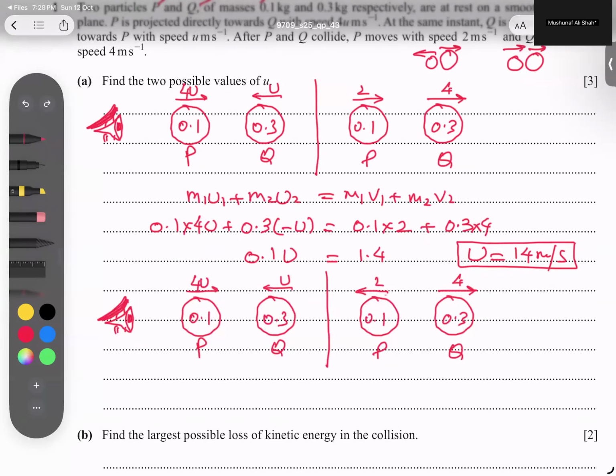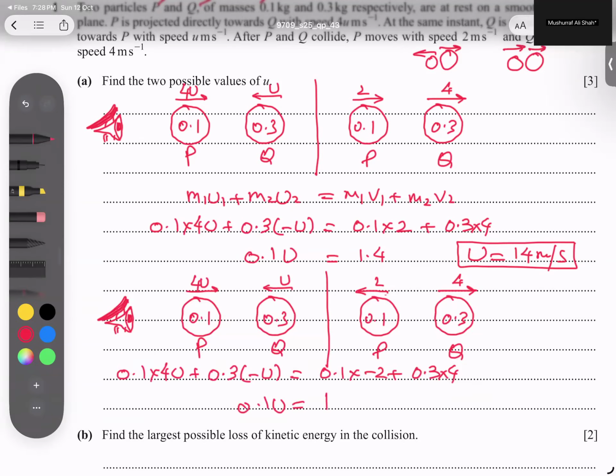Only one thing changes. This 2 is backwards, so here it is negative 2, not positive 2. The left-hand side comes as it is, 0.1U. Right-hand side, check it: 0.1 into negative 2 plus 0.3 into positive 4. I got 1, and U becomes 10 meters per second. I believe you got the point. Very clear. This is done.